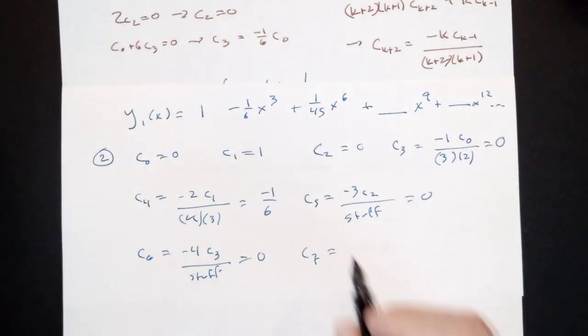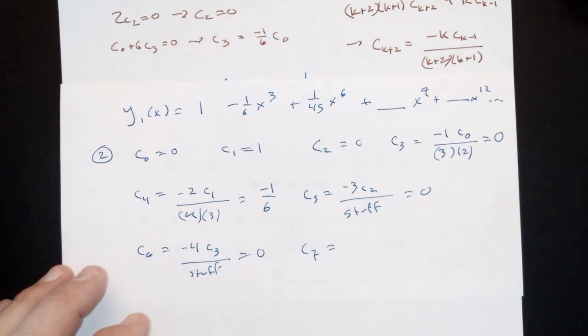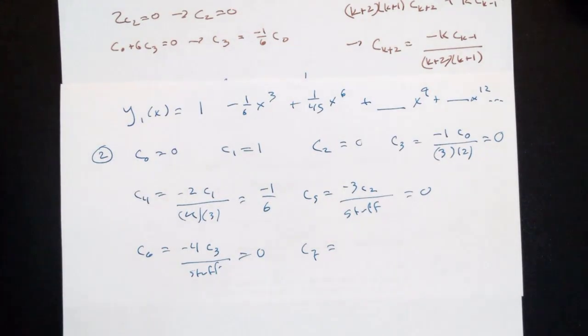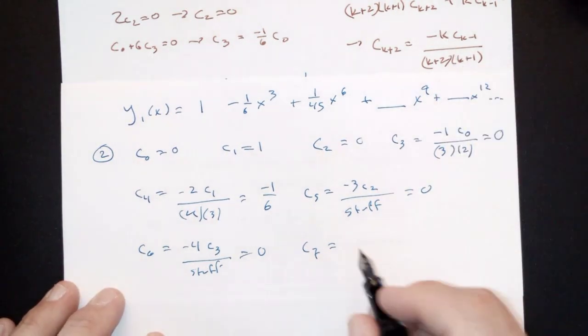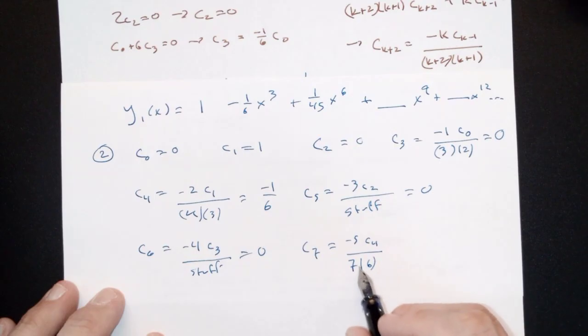What's C7? If this is a 7, then k is 5. -5 C4 over 5 plus 2, 5 plus 1.